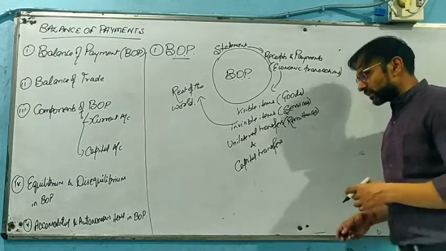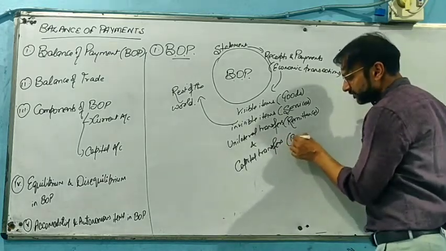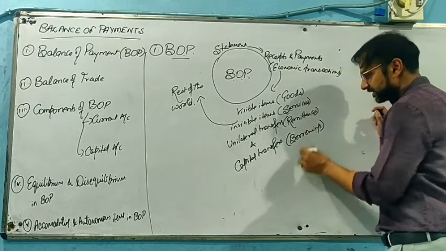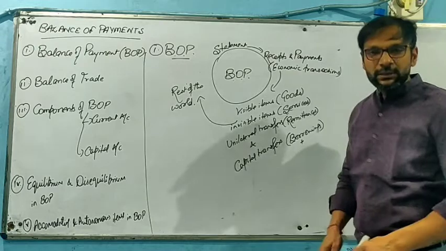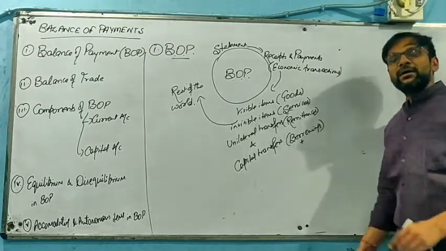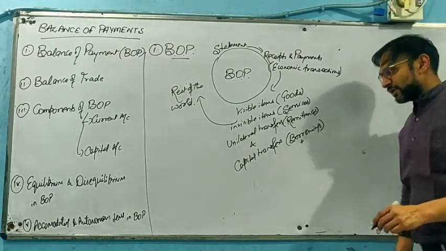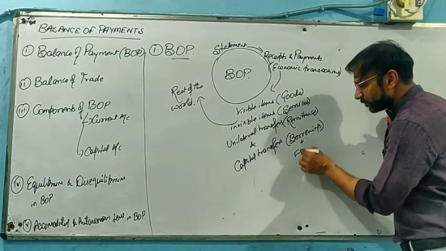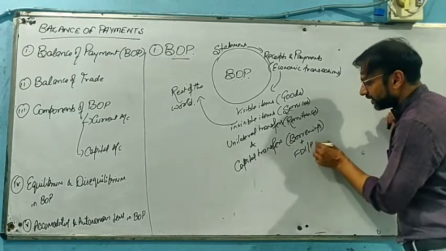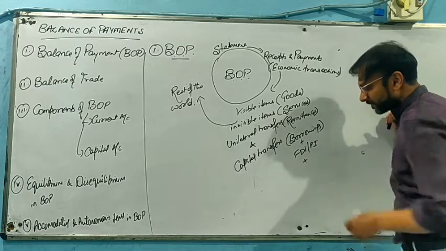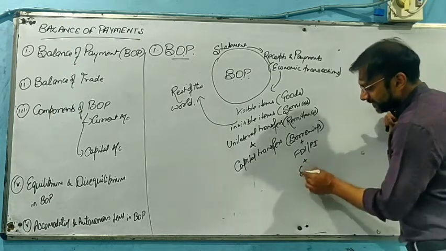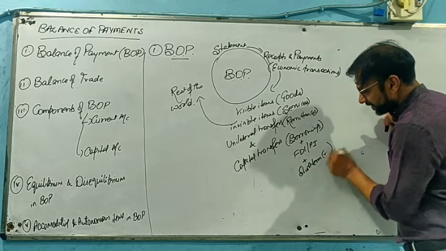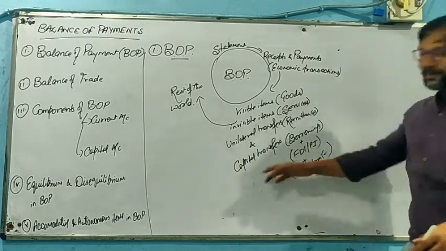And with regard to capital transfers, we can say they are impacting the assets and liabilities of a country or a nation. If they are impacting assets and liabilities, it means they can lead to borrowings or FDI or PI, right? So such amount will be termed as capital transfers.